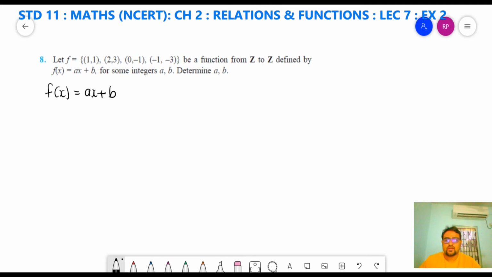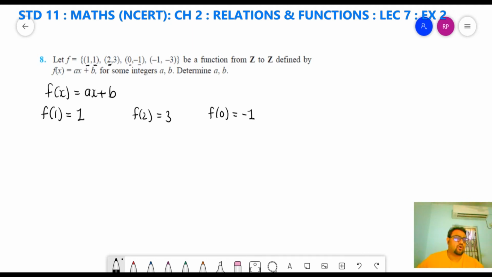Clear? Now see what we had studied. If I am taking this as x, then this will be f(x). So f of 1 is equal to 1, f of 2 is equal to 3, f of 0 is equal to minus 1.